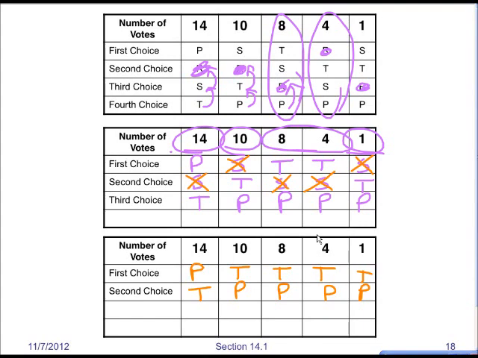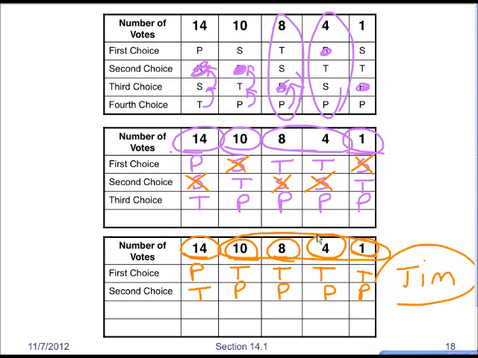So we stop this process when somebody has a majority. Paul still has his 14, but notice Tim now has 10 plus 8, so we have 18, plus another 4, plus 1. Tim has 23 first place votes. So with this method, plurality with elimination, Tim would actually be the winner.